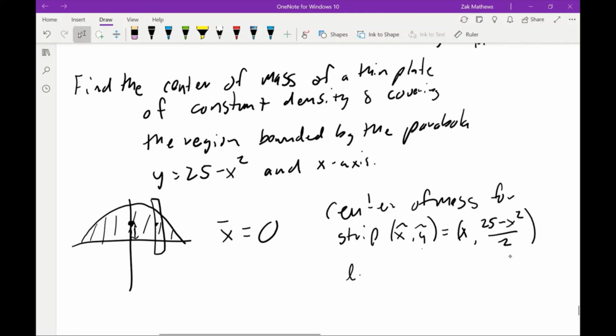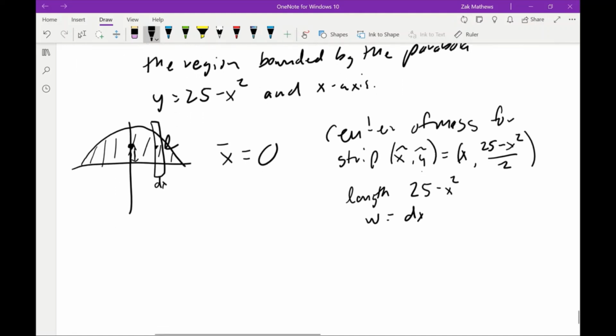The length of that strip is equal to 25 minus x squared. Simply the y function, because we're measuring from the x-axis up. So the length of this thing, L, is equal to 25 minus x squared. And then the width, that is given to us by the dx, however far we have moved.